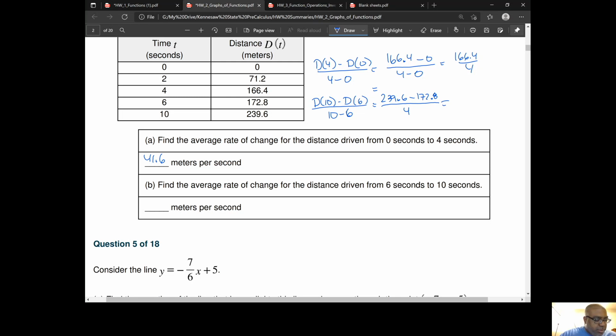Put it in your calculator. 239.6 minus 172.8 equals 66.8, divided by 4 is 16.7. Same formula. All right, let's keep going.